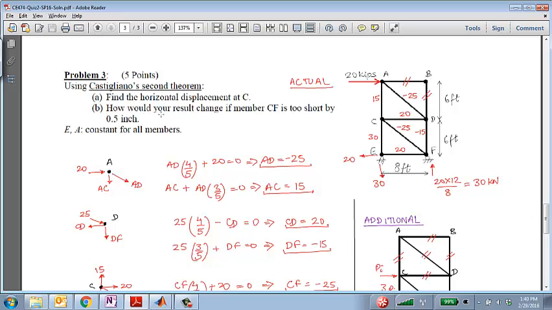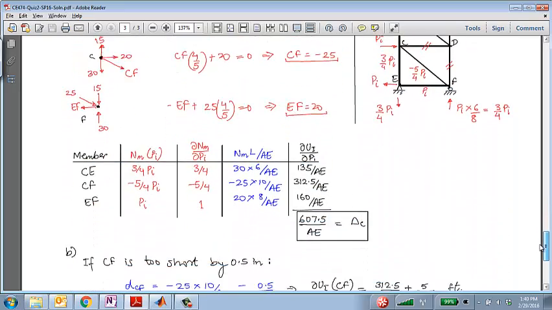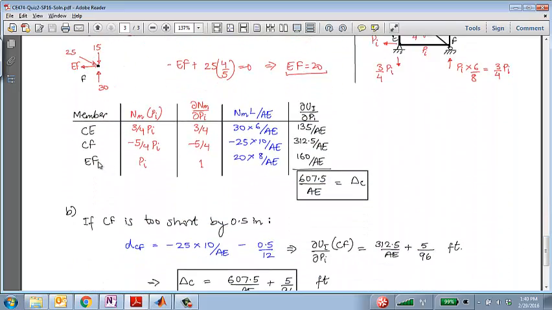How would this result change if member CF, this diagonal member, is too short by 0.5 inch? So if you remember when we did examples similar to this, all we needed to do was to go to CF and add to the real displacement.